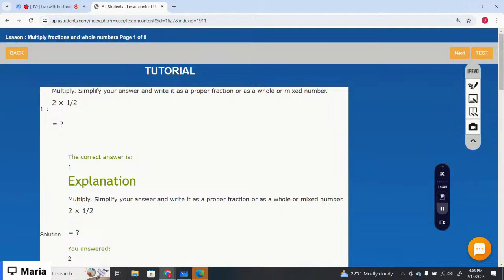Two times 1 by 2. So how do we multiply a fraction and a whole number?